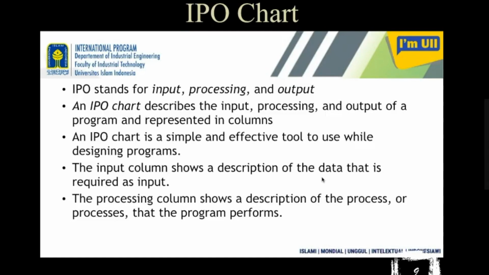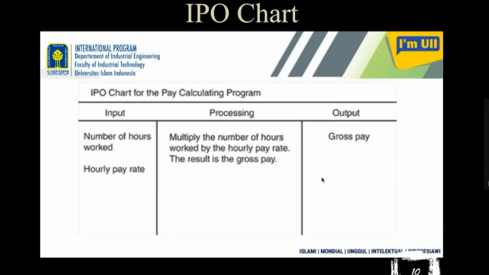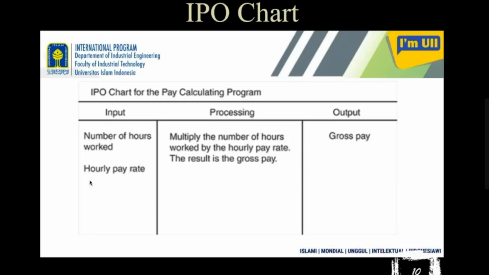And the output column, the last column, is the part where you have to describe the output which will be produced by the processing unit of your code. So it looks like this. You have an input column, a processing column, and an output column. For the input column, you have to describe all the inputs you need for solving a particular problem.